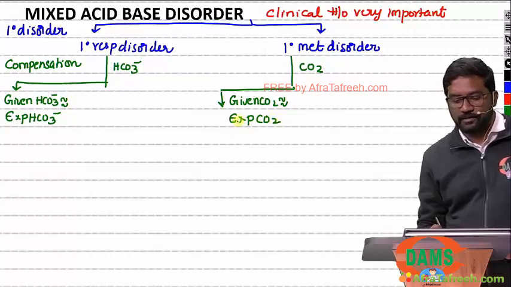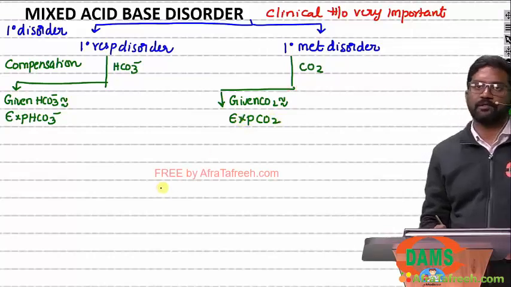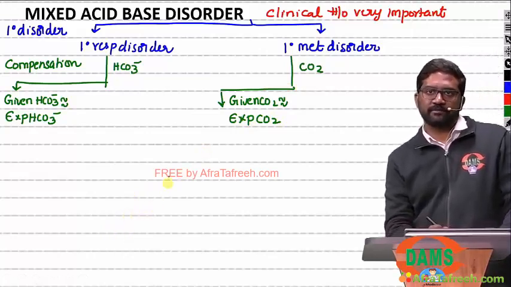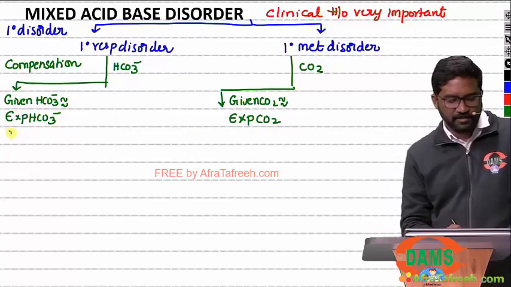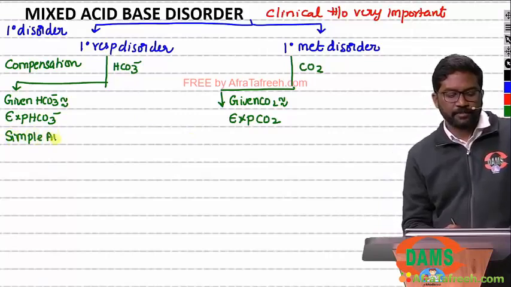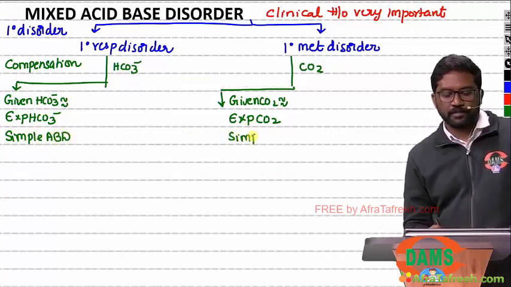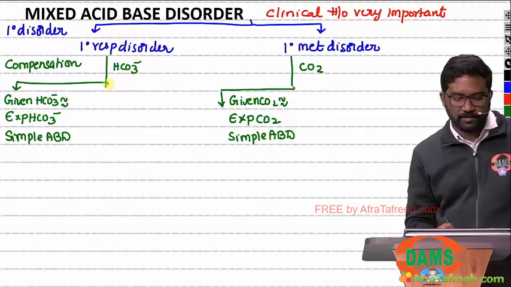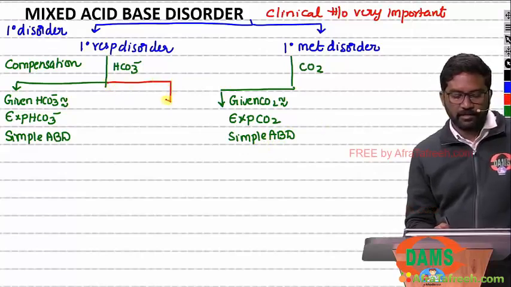If given and expected are correlating, is this adequate compensation? In very easy words, it can be written as simple acid-base disorder.